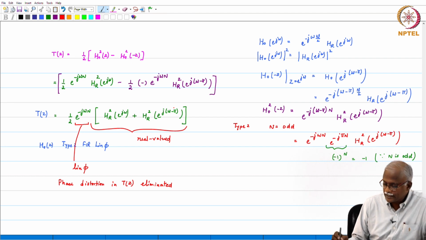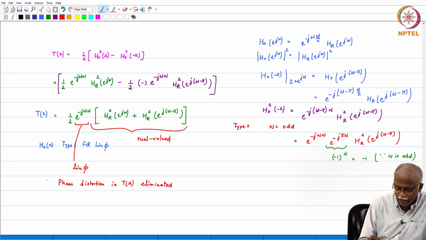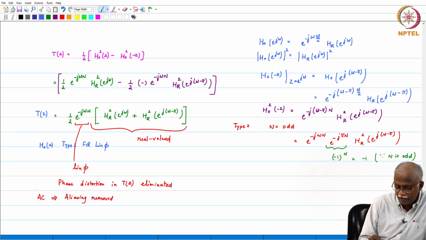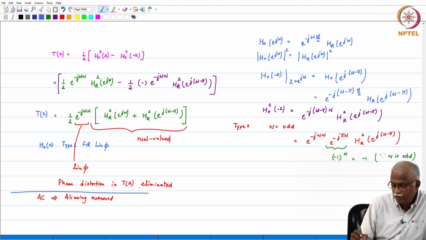So here is a summary statement, if you will. Aliasing cancellation implies aliasing is removed, or eliminated. So that is point number 1. The aliasing cancellation constraint will remove aliasing.